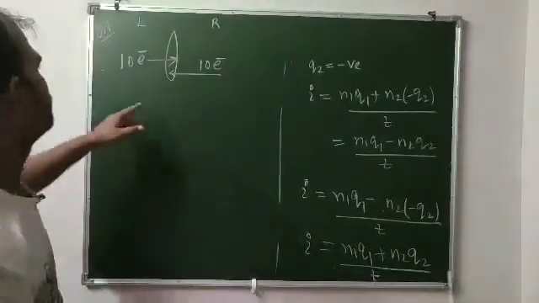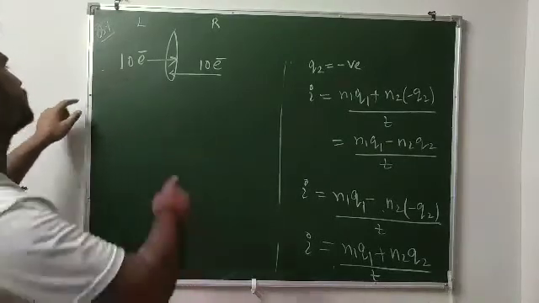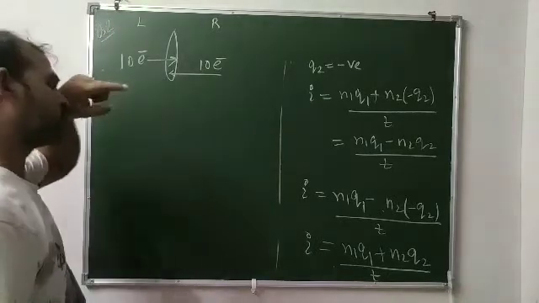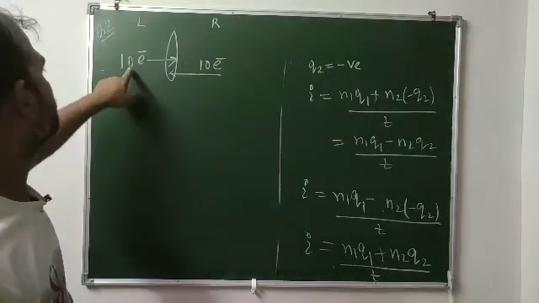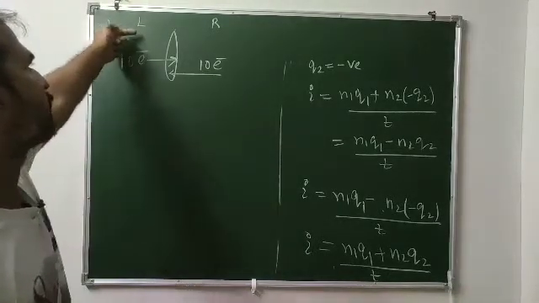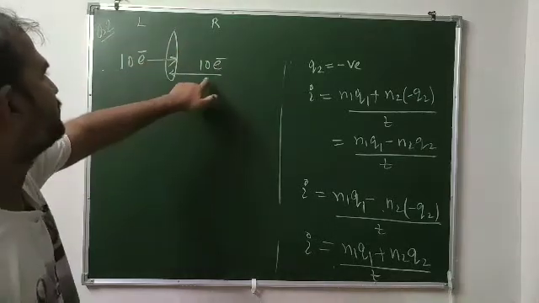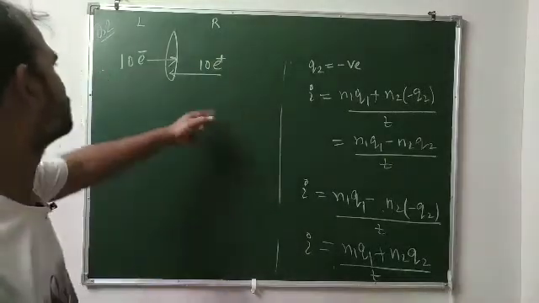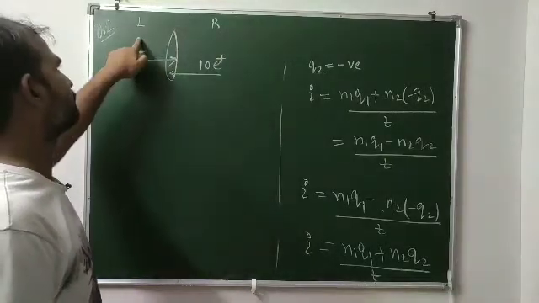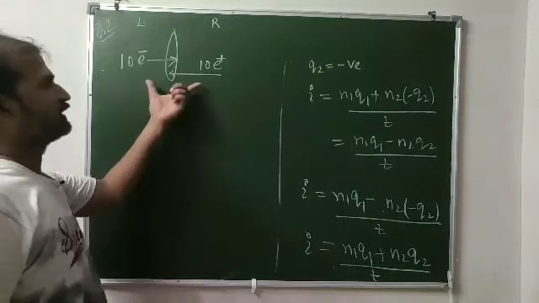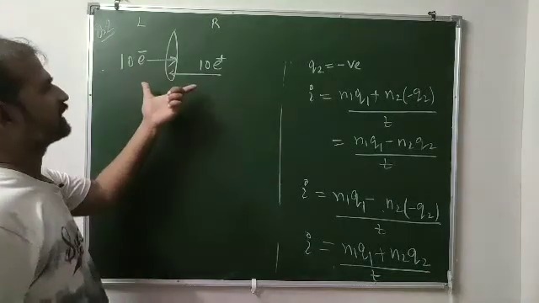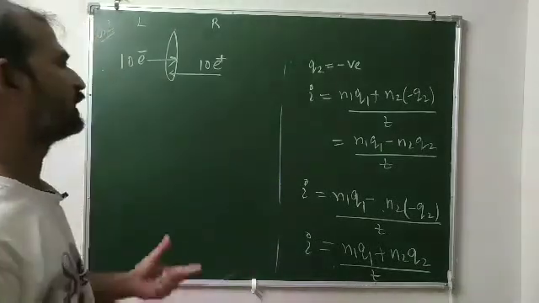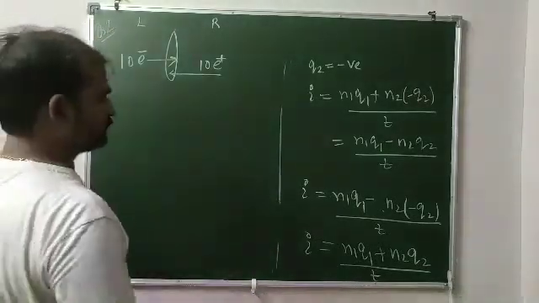Suppose students, this is question number 2. Suppose 10 electrons are going from right to left and 10 positrons are going from left to right. Students, see here, the charges are opposite and they are going in opposite directions, then they will add up.